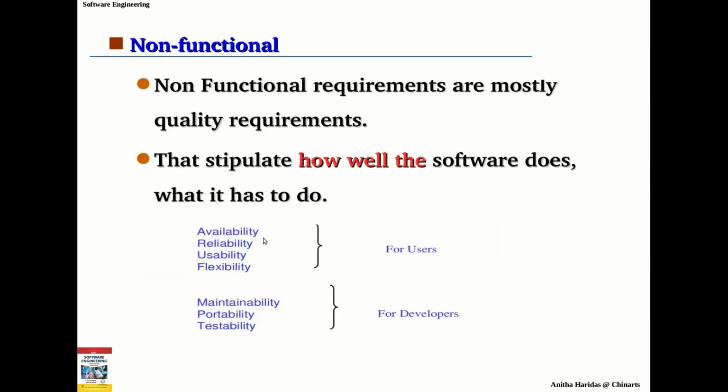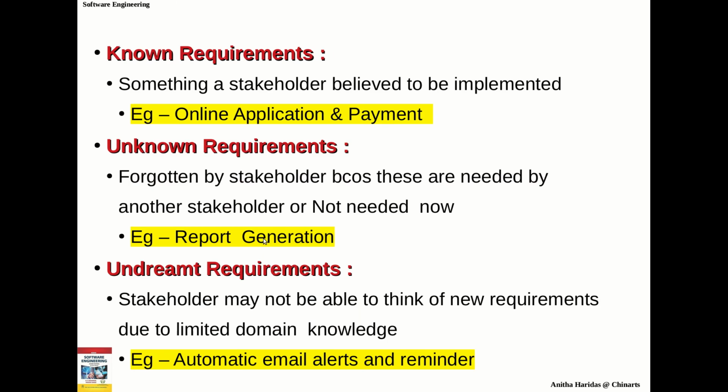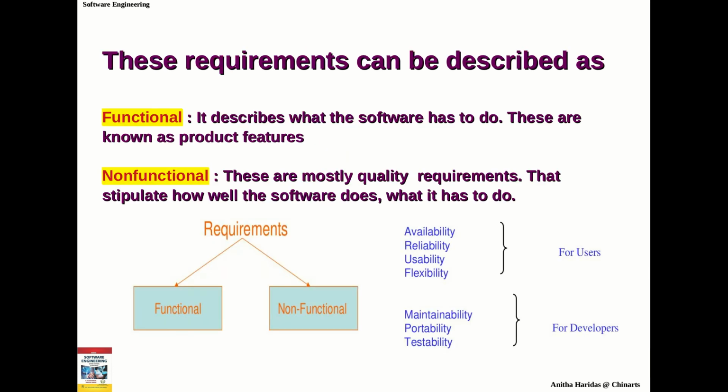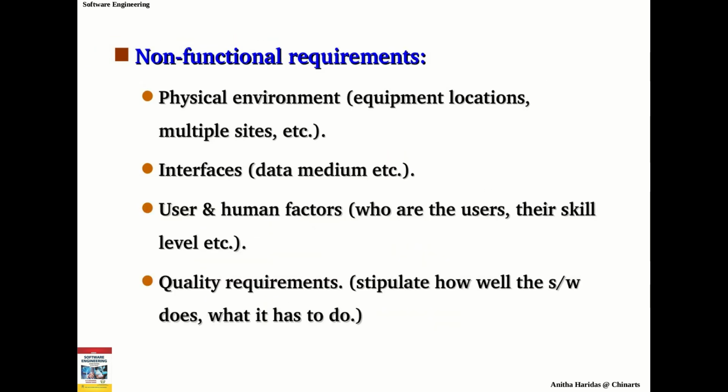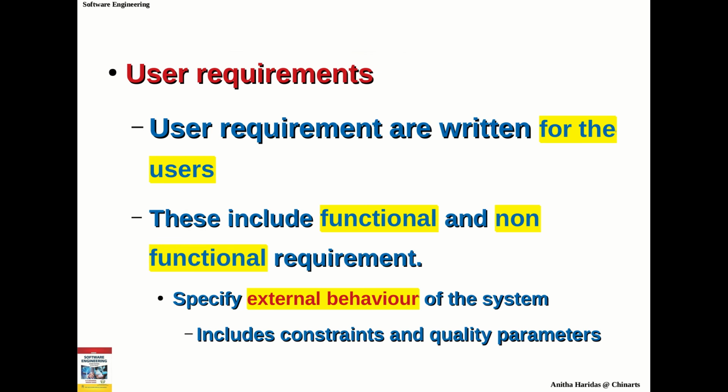Now, what we have seen is that requirements can be called known, unknown and undreamt requirements. All these requirements can again be described as functional requirements and non-functional requirements. So once you have listed the functional and non-functional requirements, these can again be categorized as user requirements and system requirements.